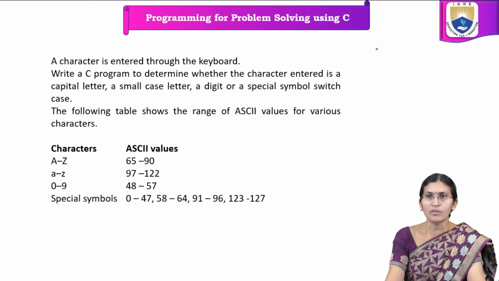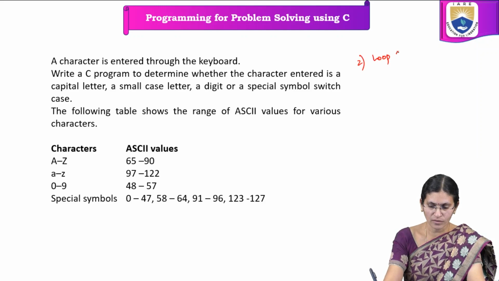In control structures, mainly we have three types of control statements. First one is loop control statements, or loop statements. Second one is decision making statements.